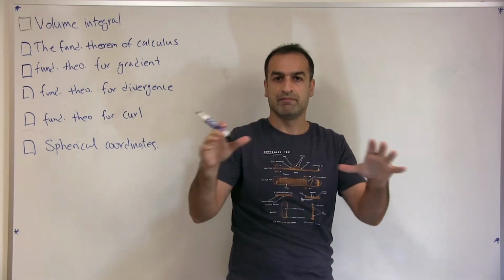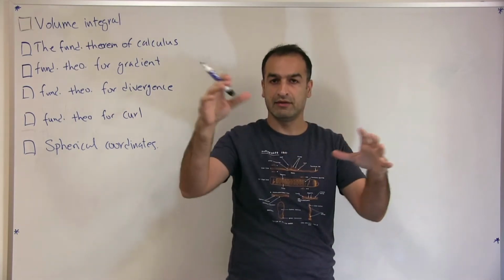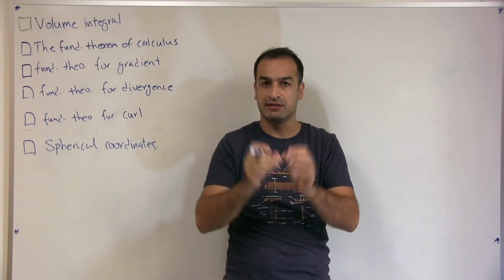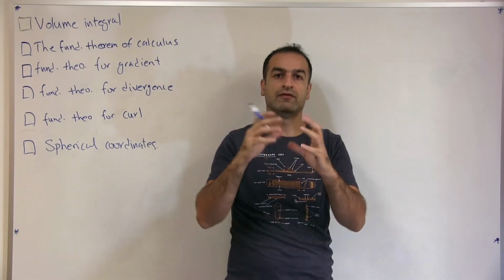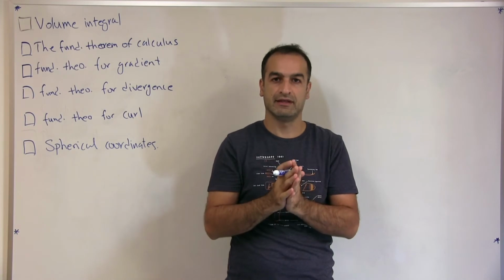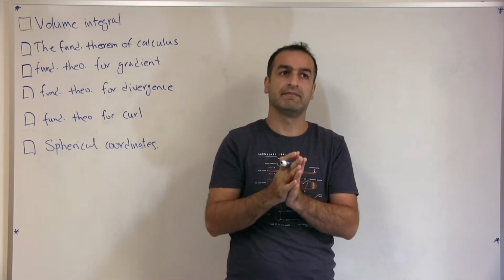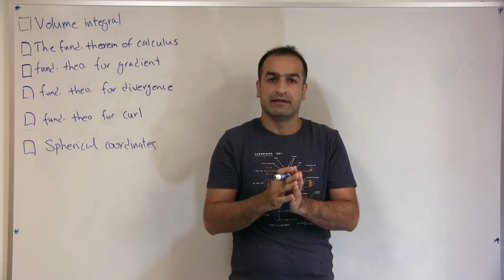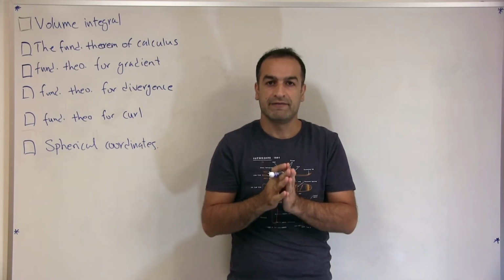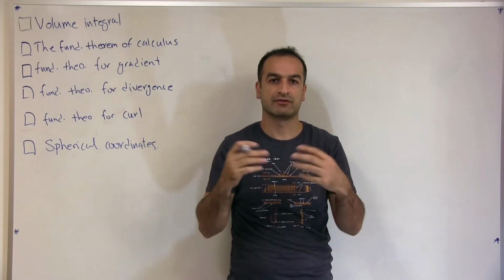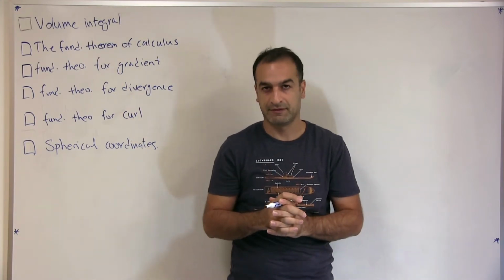It could be a patch, or even a closed surface. What we can integrate is a vector function over the surface, and this is basically the flux. We have a vector field, and we want to see what is the flux going through this surface.